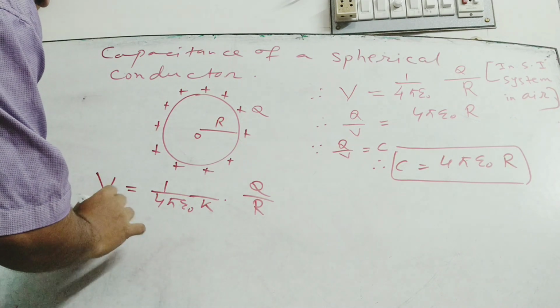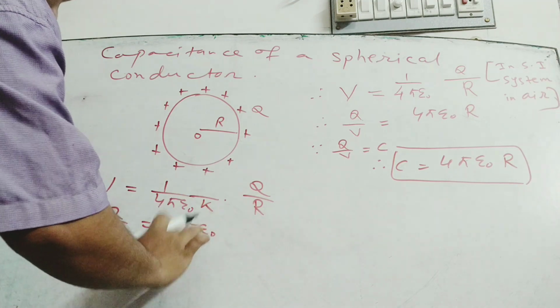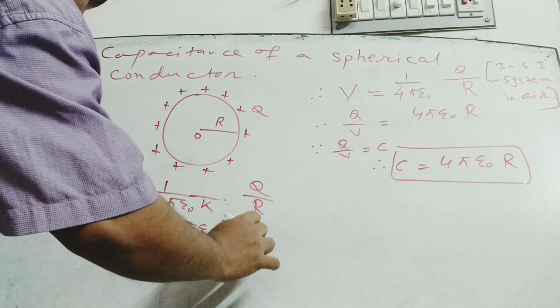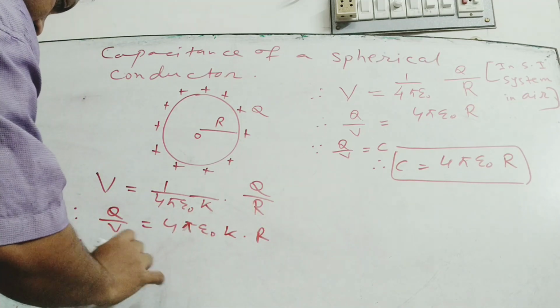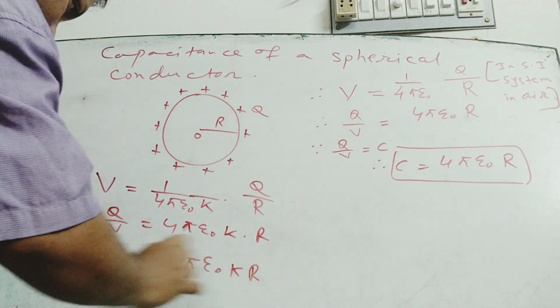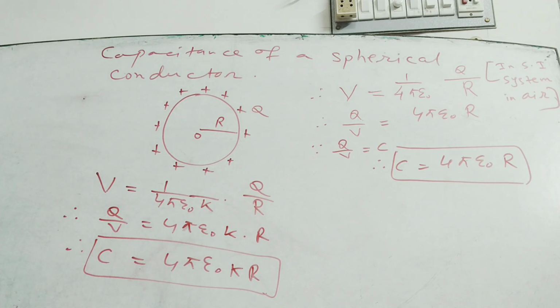Therefore, Q by V is equal to 4 pi epsilon 0 into K into R. Therefore, C is equal to 4 pi epsilon 0 K into R.